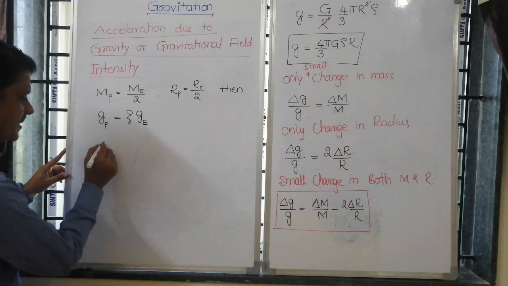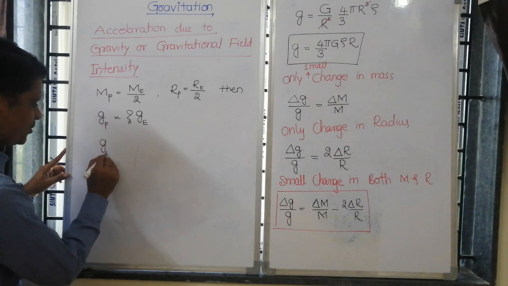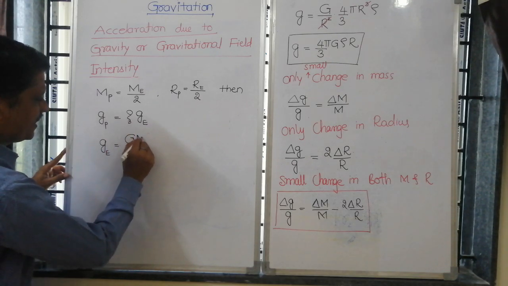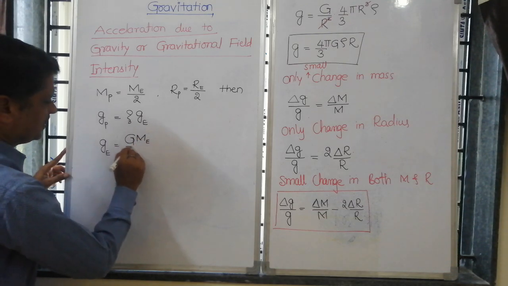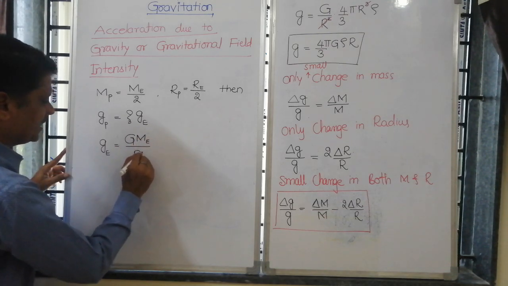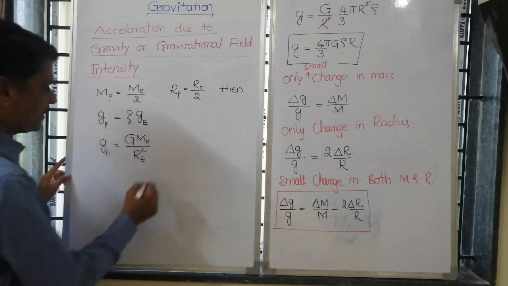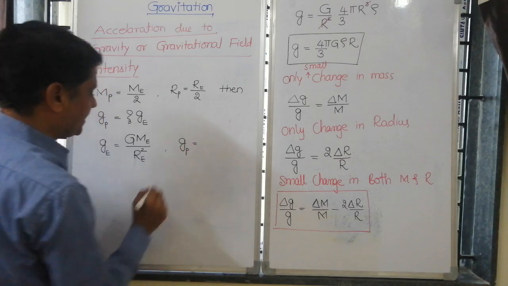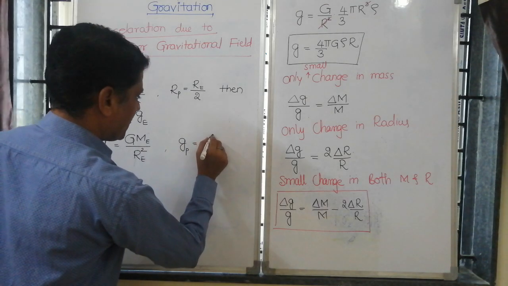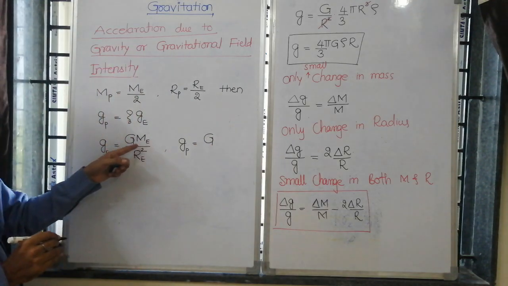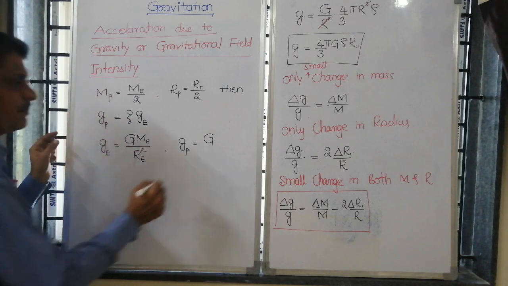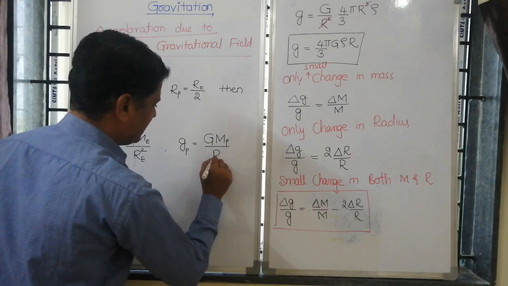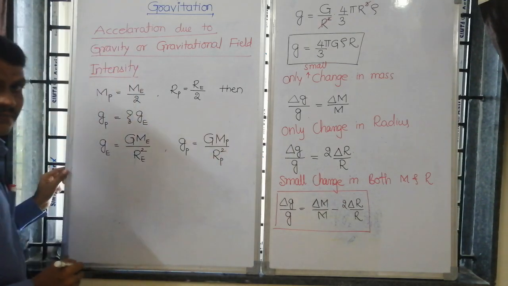Okay, the answer is simple. Say acceleration due to gravity of the earth is written as capital G capital M of the earth divided by radius of the earth whole square. Similarly, acceleration due to gravity of the planet is equal to capital G, as it is, mass of the planet divided by radius of the planet whole square.